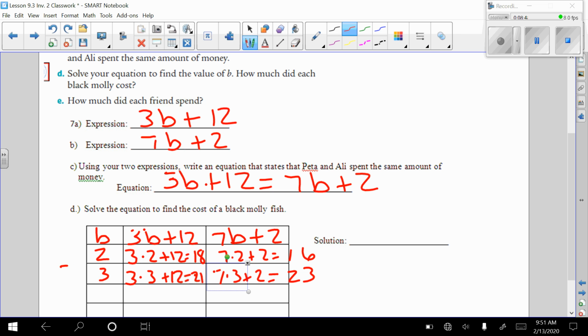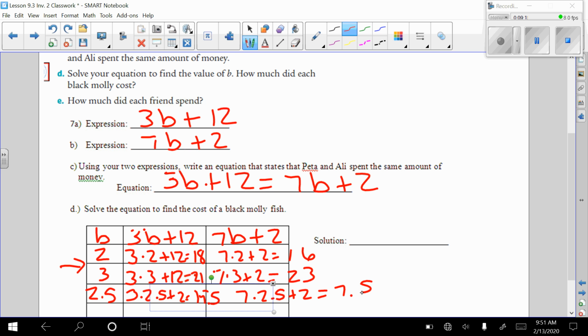That's my indication that my answer is between these 2 numbers, between 2 and 3. So let's play 2.5. All right, so 2.5, 3 times 2.5 plus 12 equals 19.5. And 7 times 2.5 plus 2 equals 19.5.